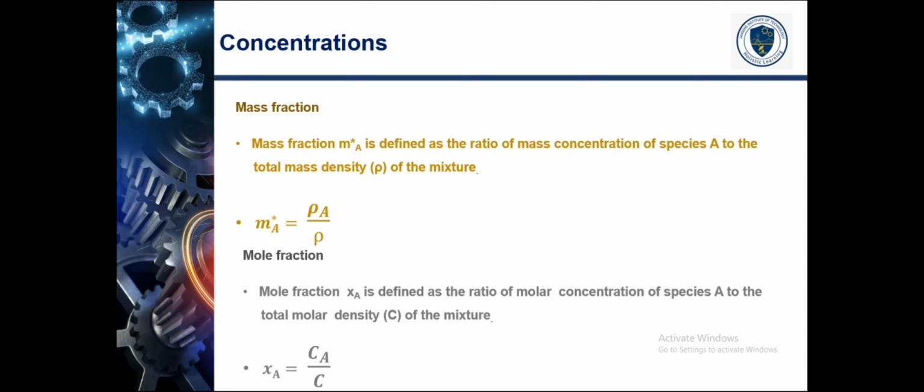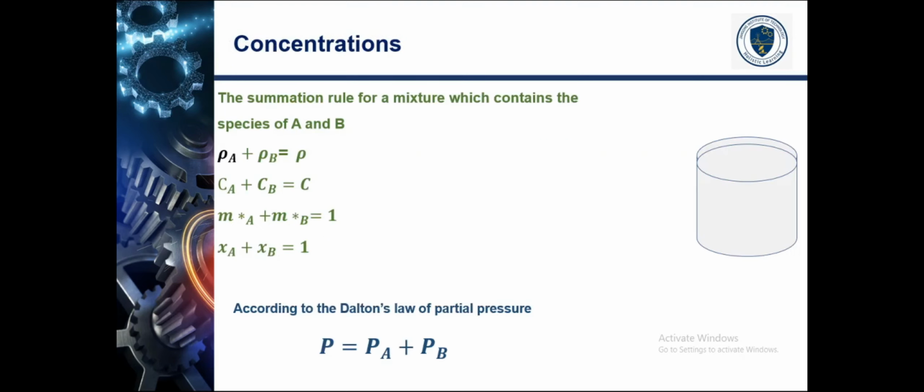Now we move on to the summation rule of the mixture. To explain the summation rule, consider a container. The container consists of species A and species B. This formulates the mixture. The mass concentration of the mixture is equal to the summation of mass concentration of each species.